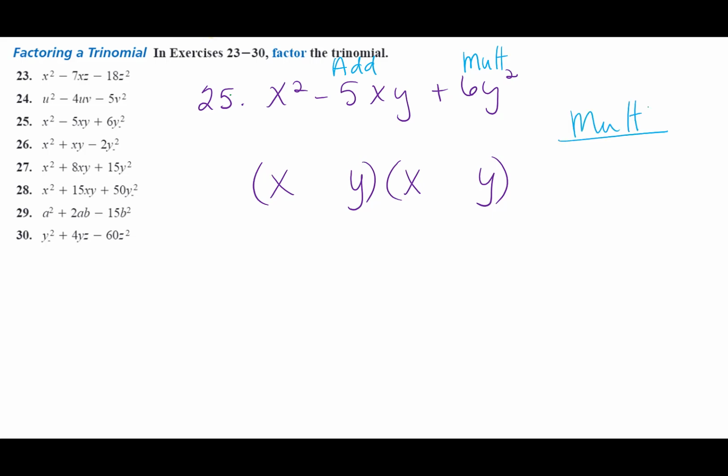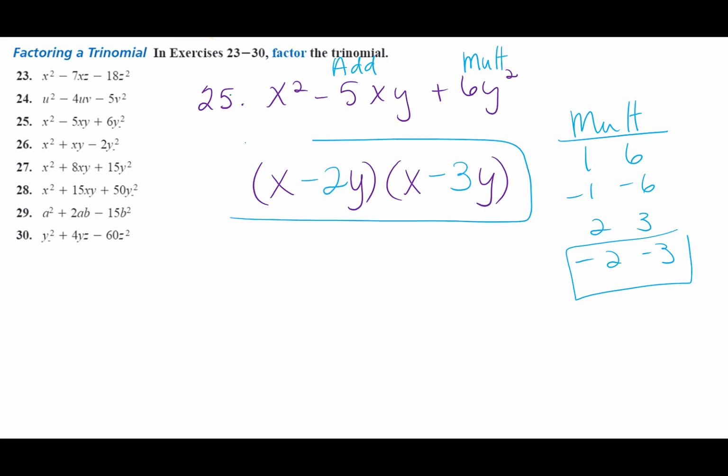So numbers that multiply to +6 are 1 and 6, -1 and -6, 2 and 3, and -2 and -3. But which one of those pairs of factors add to -5? And it's this one right here, -2 and -3. So in any order, that's the coefficient of the y term, -2 and -3, and that's your final answer.